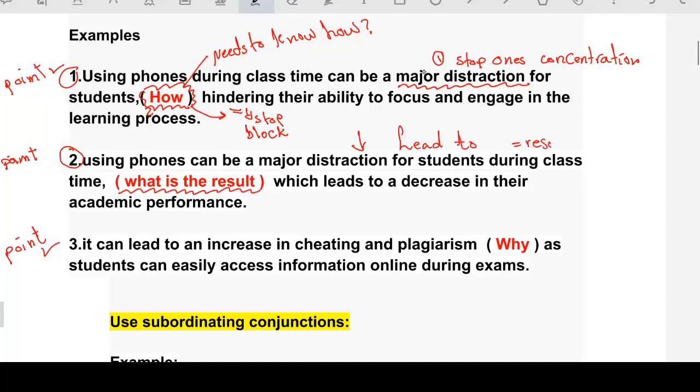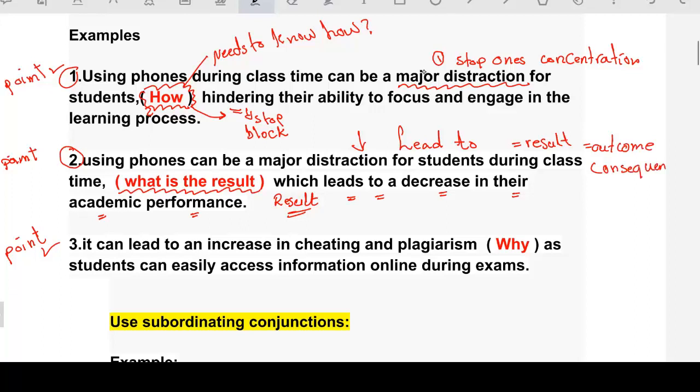This is what we mean by the results. Okay, this leads to a decrease in their academic performance. It means the decrease in academic performance is a logical result, a logical outcome, or a logical consequence.